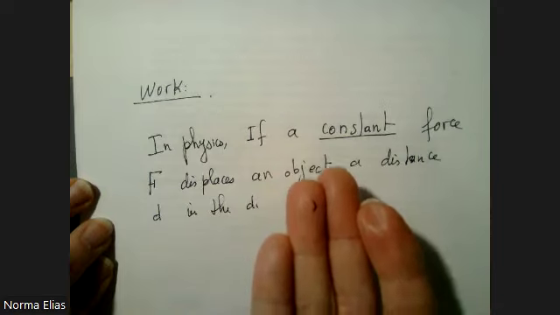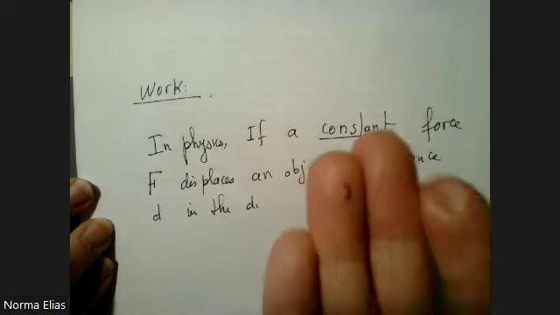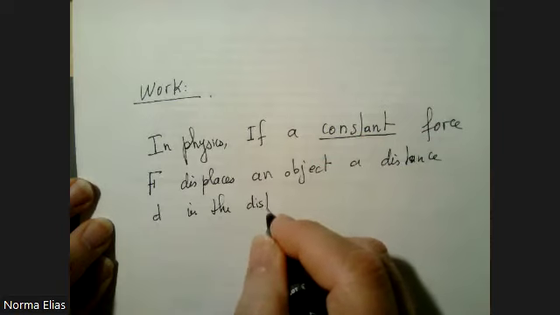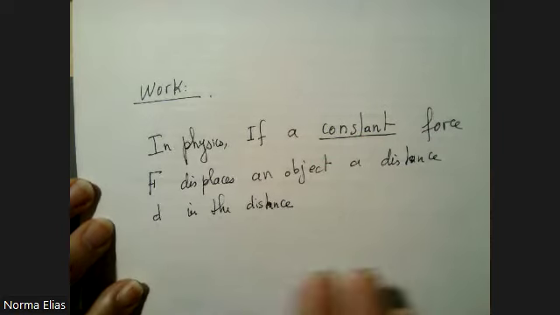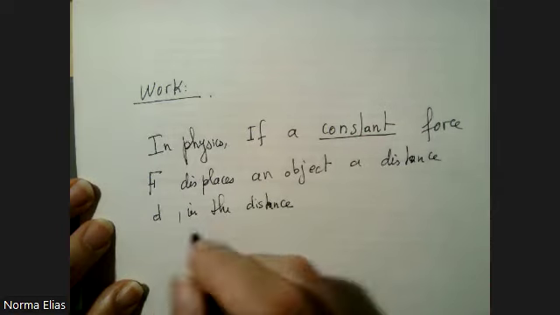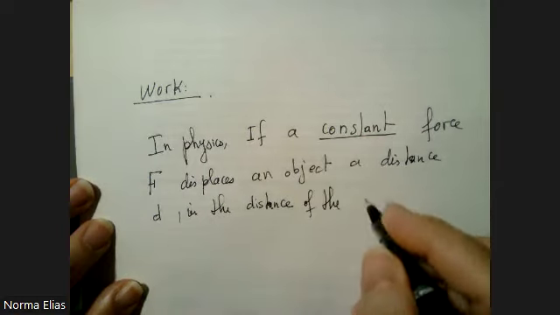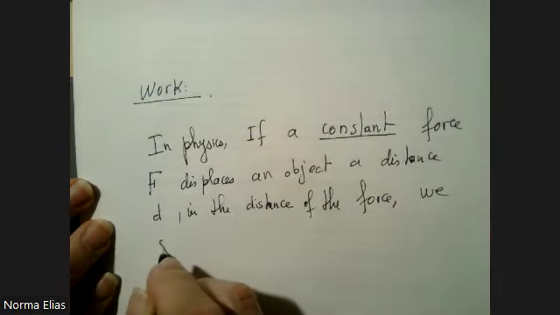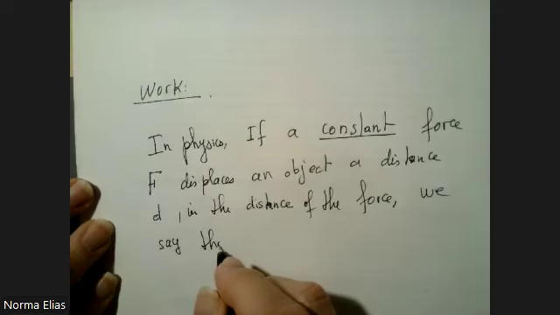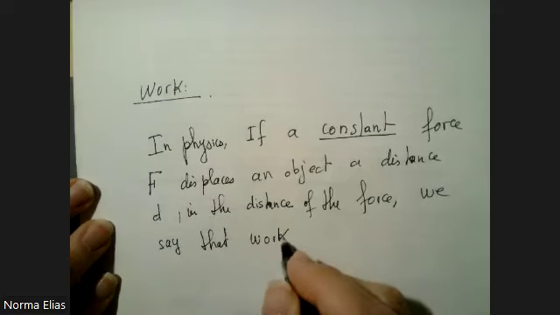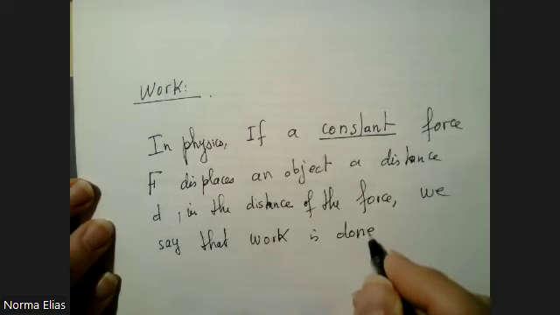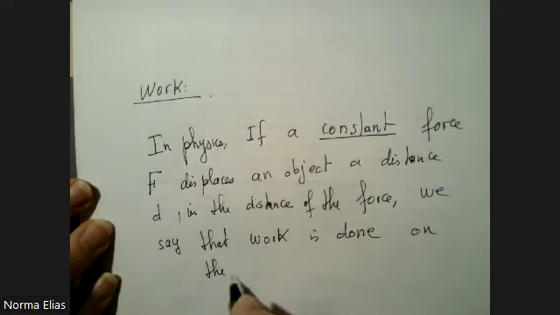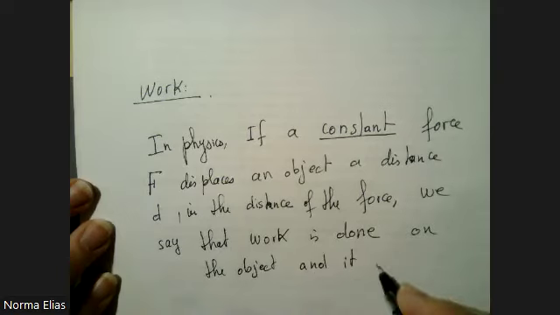So it means if the force is up, we're assuming that the object is moving up. And in your other courses, you will take a more general scenario, but this course only allows this scenario. In the direction of the force, then we say that work is done on the object. And work is defined as follows.